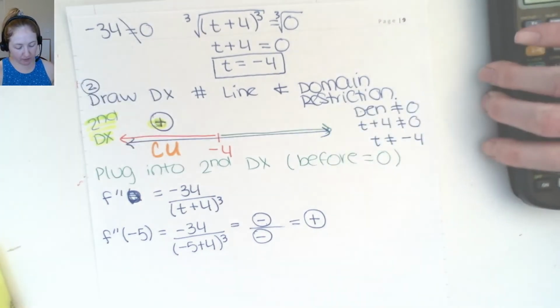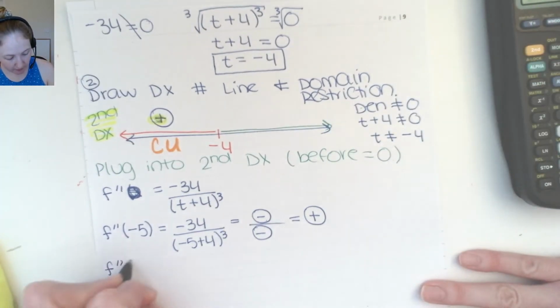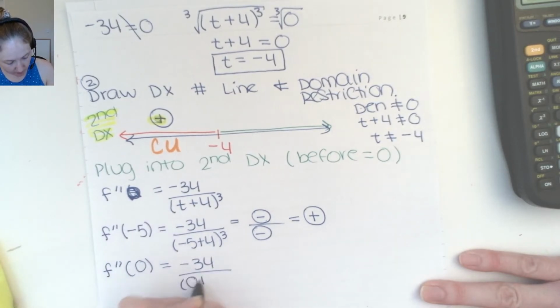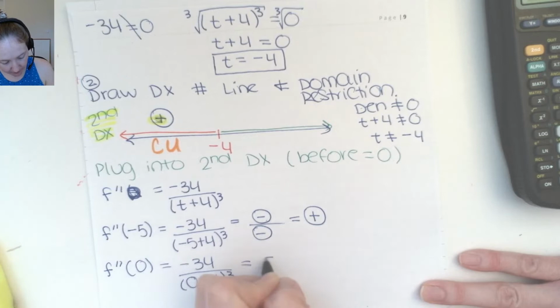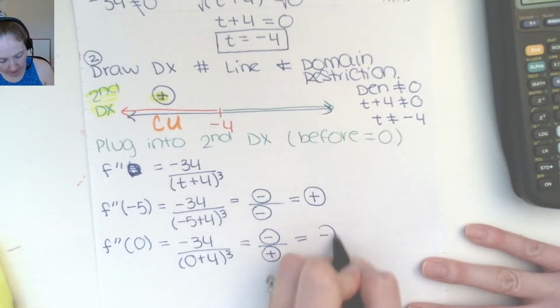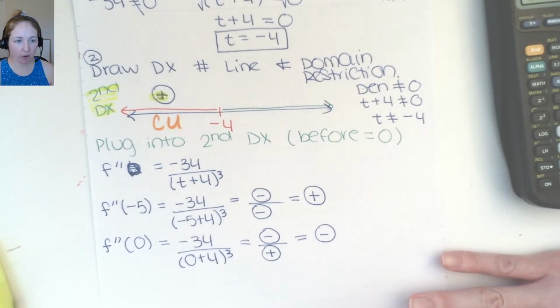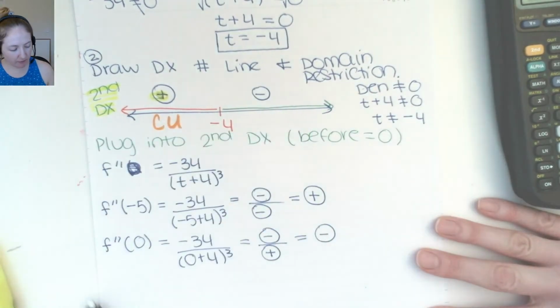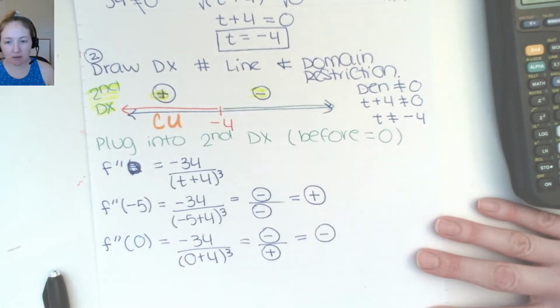And then we plug into the right of negative 4, so maybe I plug in 0. And that gives us a negative over a positive. So that's going to be a negative overall because of that mix of signs. So that gives us a negative. Now, what does that negative tell us?